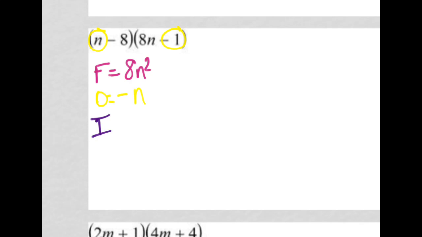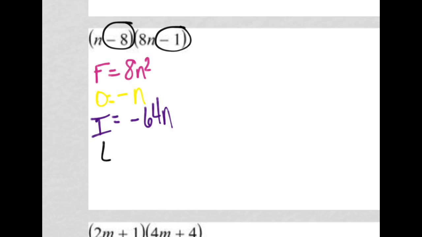Inside terms, negative 8 times 8n. 8 times 8 is 64, so negative 64n. And then our last terms are negative 8 times negative 1, which makes a positive 8.